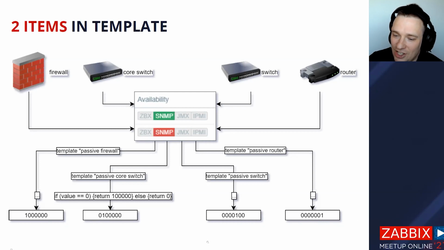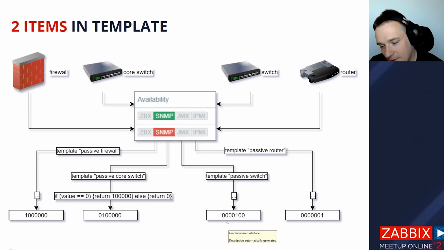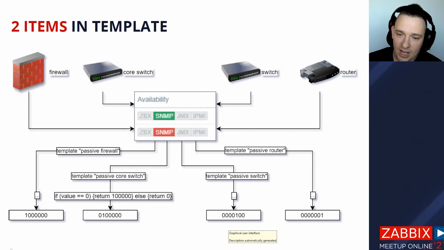These are integers. These are decimal numbers. I'm just writing here additional zeros on the left side just to give another sense for later, because we will do some aggregation. So we have templates here, and each template per each device type reports a very specific number.